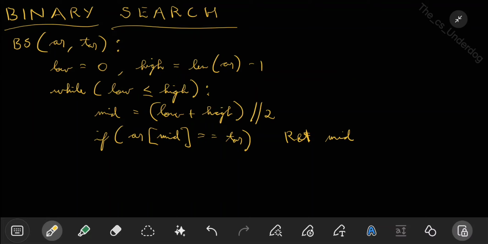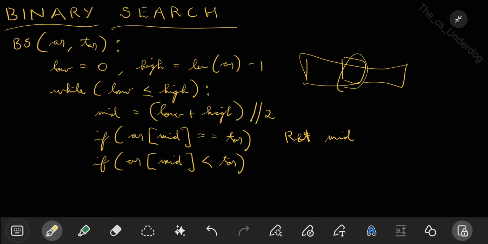How do you do that? If array of mid is lesser than the target value, then what do you do? Array of mid being lesser than the target value means the target value is larger than the middle element. So you have to go to the right part.